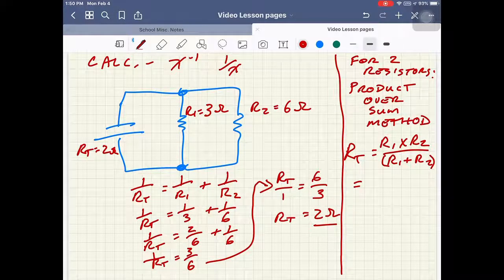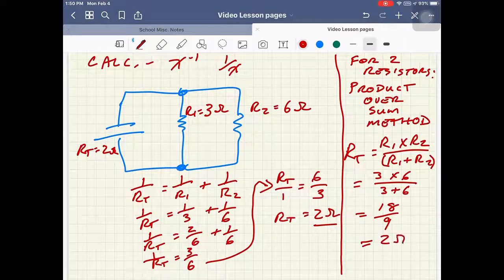So anyway, let's plug in these numbers here. We've got R1 is 3 times 6 divided by 3 plus 6. And you'd have 18 divided by 9, and lo and behold, we've got 2 ohms.